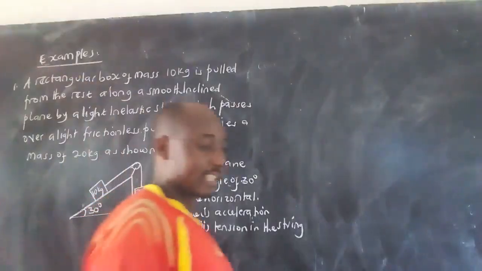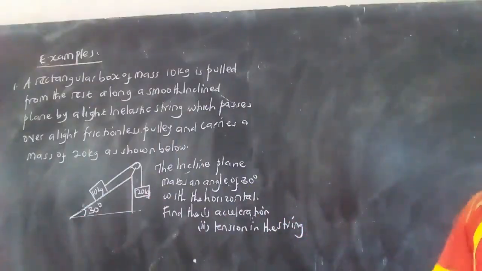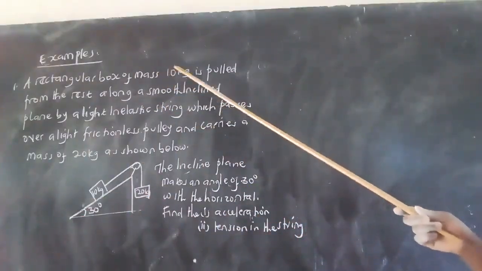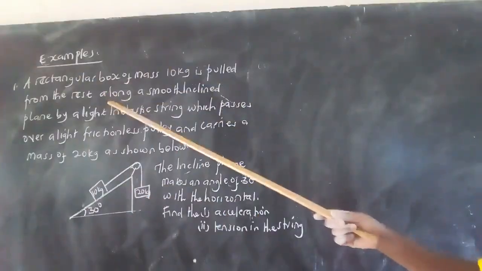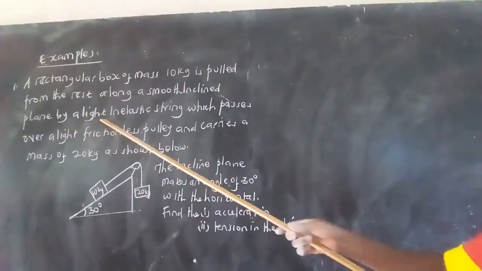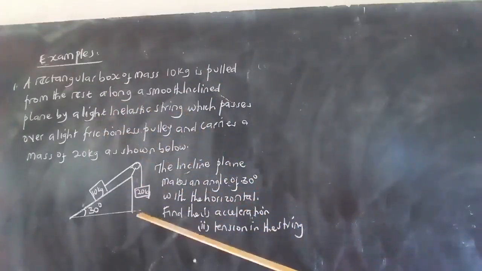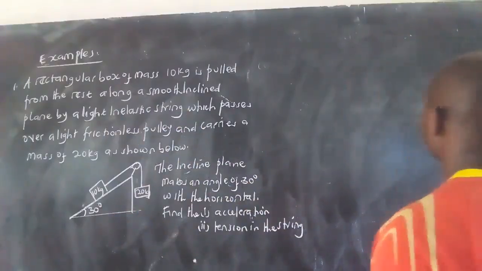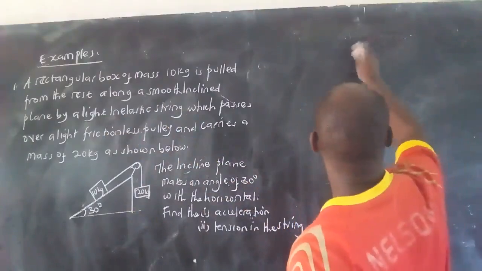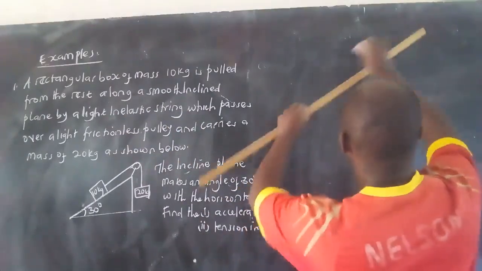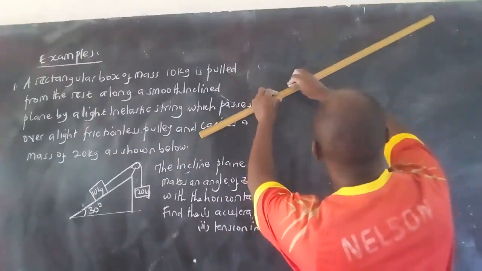So we have one example which says that a rectangular box of mass is pulled from rest along a smooth incline plane, like this. They are saying find the acceleration. So in this case, you have to do it like this. This is the incline.